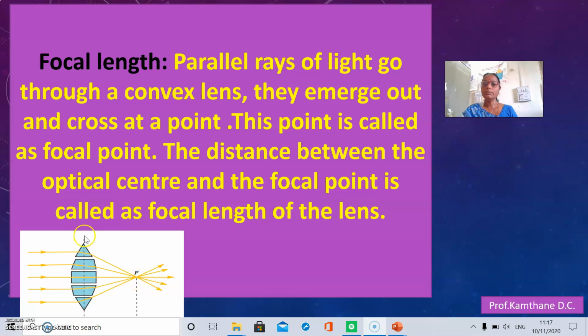The distance between the optical axis of the lens and the point at which these rays cross is called the focal length. We can define it as: parallel rays of light go through a convex lens, emerge out and cross at a point. This point is called the focal point, and the distance between the optical center of the lens and the focal point is called the focal length.